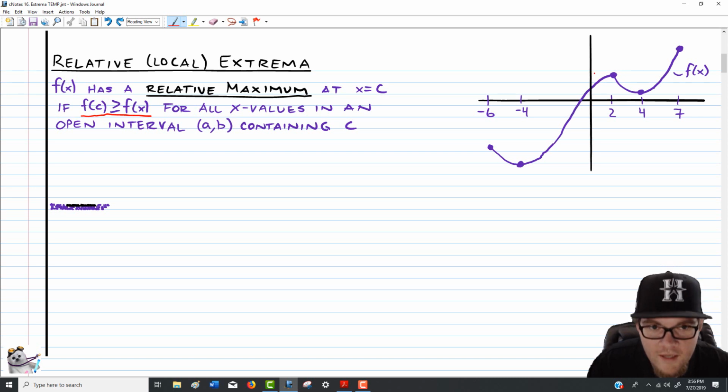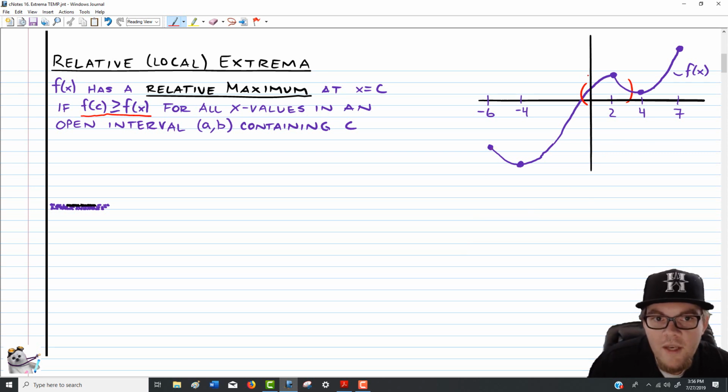But the truth is, if we look at x equals 2, you can see that it's not the absolute largest value that's out there. There are larger values somewhere off to the right side. But it's still a relative maximum for our function because we can draw an open interval containing our c value, which in our case is 2, and we can say that's the highest value in there. Take, for instance, that particular interval. Maybe that's going from -1 to 3.